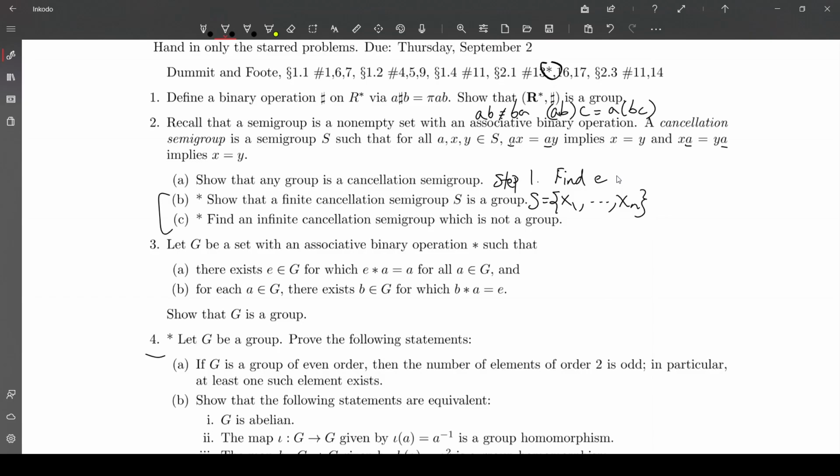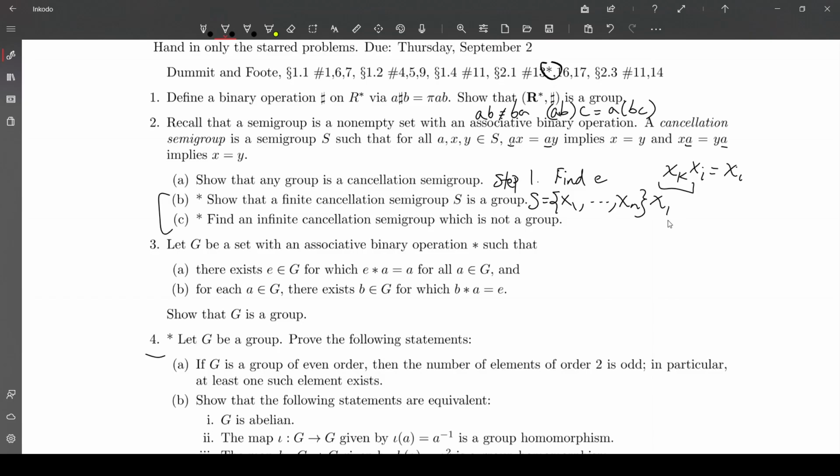One way you can do this is by noticing that if you multiply the whole set by some element x sub i, then because of the cancellation property, this is actually a permutation of the set. In particular, there's going to be some x sub k such that x sub k x sub i equals x sub i.